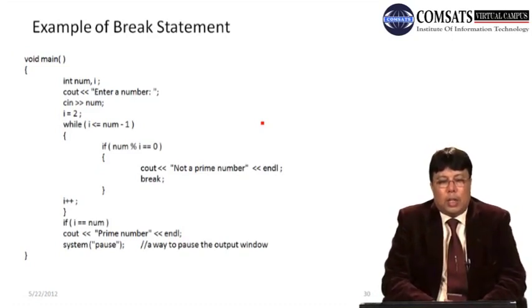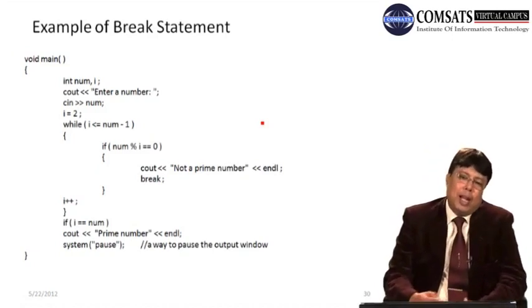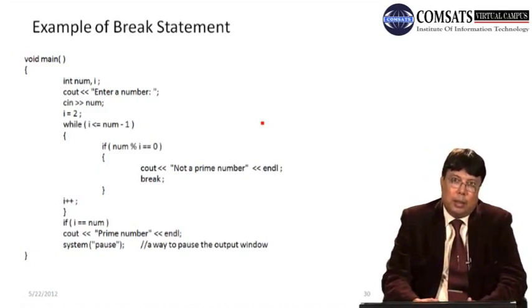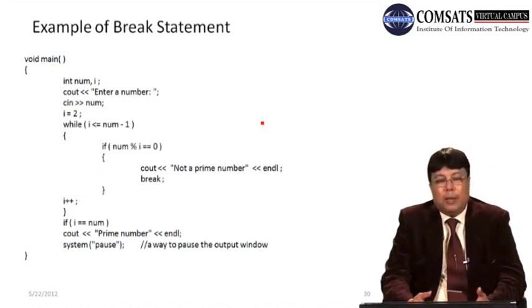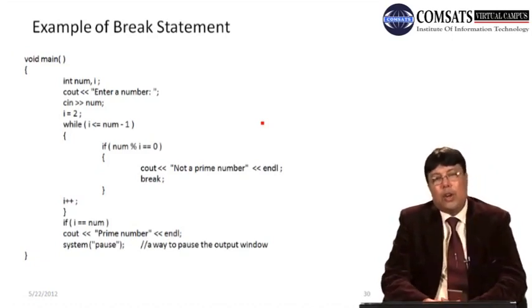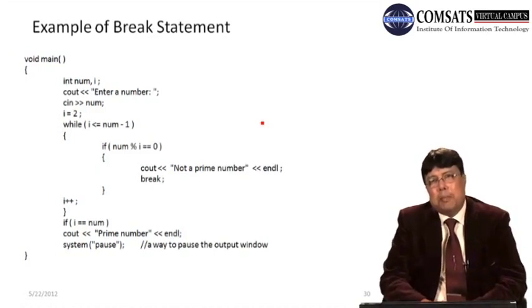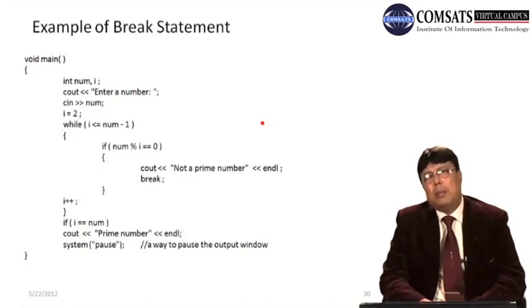Okay, int num, i, enter a number. You enter any number, let's say i is equal to 2, then you keep on dividing the number with the loop variable. Basically what we are doing here is trying to find out whether a number is a prime or not.